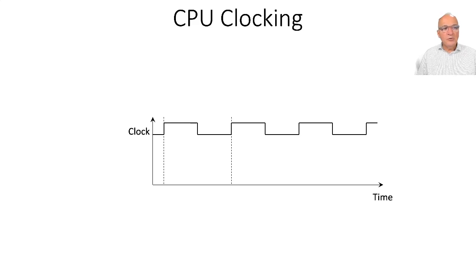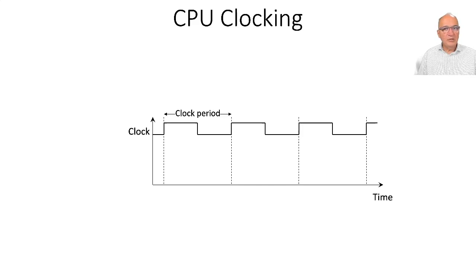The time between two changes of the clock, and two same changes, which means in this diagram I'm showing two changes from low to high. So the time between two consecutive changes from low to high in a clock signal is constant.